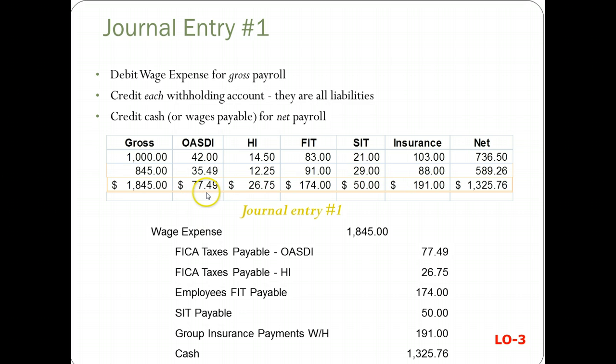So you've got your FICA payable, your health insurance payable, federal income tax, state income tax, and group insurance withheld, and then the actual check that you're going to pay is credited to cash. Now, even though we're not using cash in envelopes, and we're writing a check, we're still going to use the cash account for our purposes.